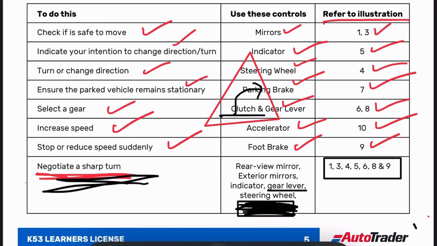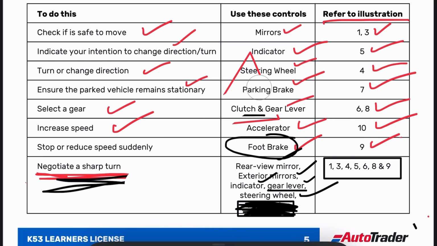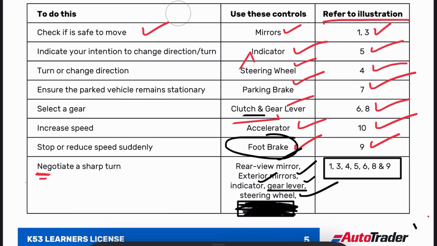So those are the controls needed to negotiate a sharp turn: rear view mirror, exterior mirrors, indicator, clutch and gear lever, steering wheel, and instead of accelerator, you use foot brake. It's very important to understand this.